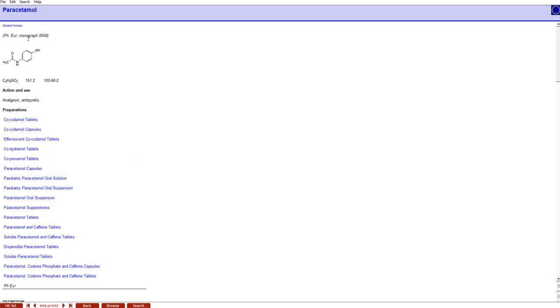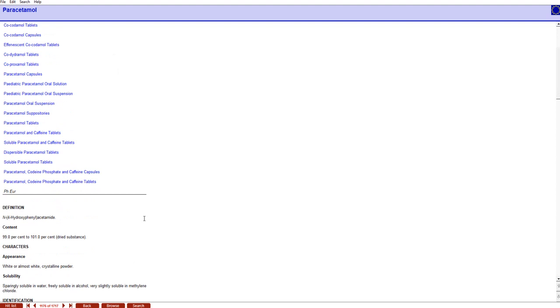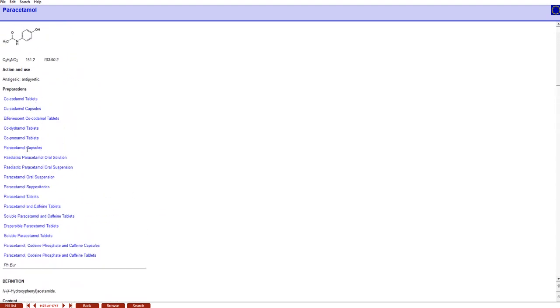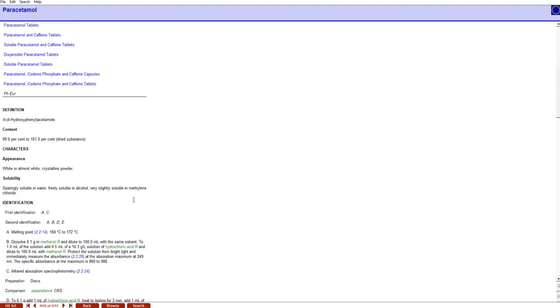Now, is this the raw material or the product? No, this is the raw material. The products are here. I can click on them if I like. Look at the content. It has to be from 99 to 101% based on dried material. They tell me how much the purity of my raw material should be.